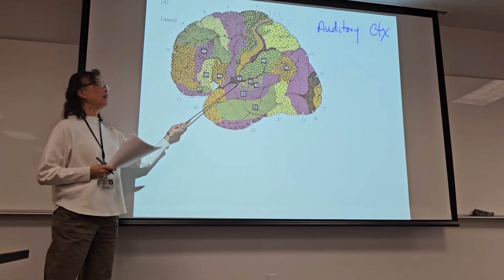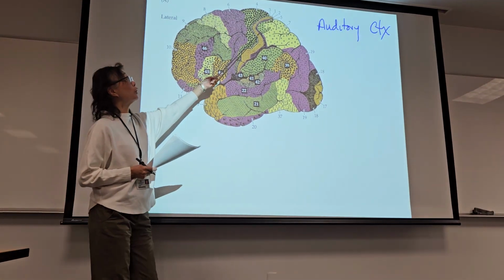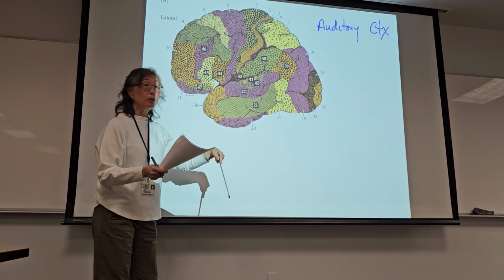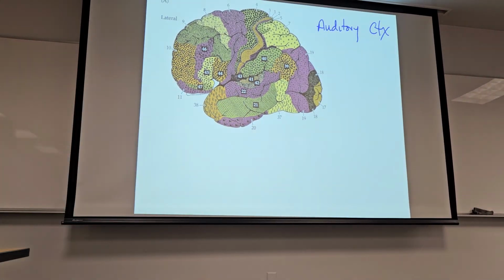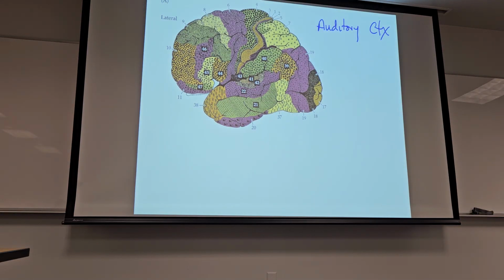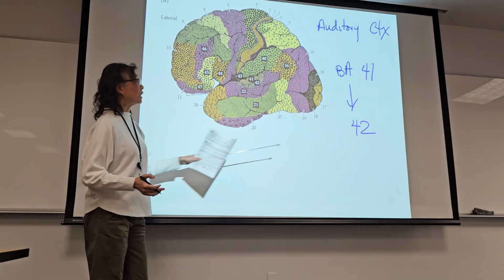So technically, this is in your temporal lobe. Okay? So remember, here's 3, 1, 2. We know that's in our parietal lobe. Okay? So 41 and 42. So Brodmann's area 41 is our primary auditory cortex. And then it sends its information to 42, which is an auditory association cortex.